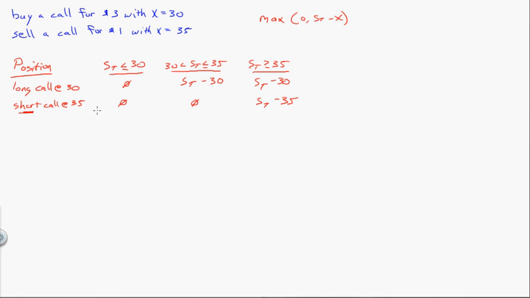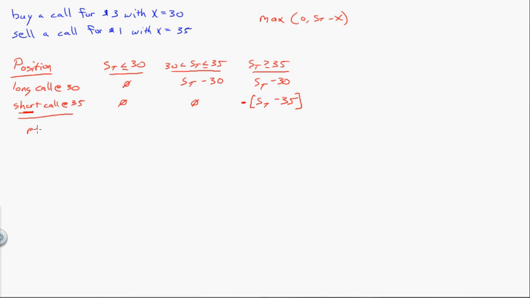So I'm hoping, because I'm short, I'm hoping the call is not exercised. If it is exercised, I lose money. So my payoff, because I'm paying the person who bought it from me, my payoff is the negative or the opposite of the payoff if you were long.